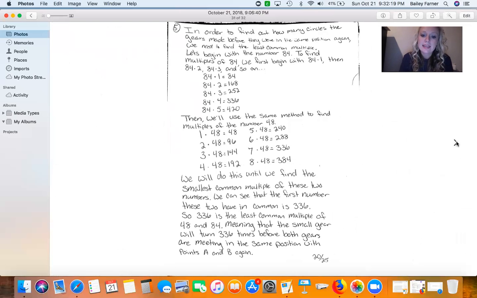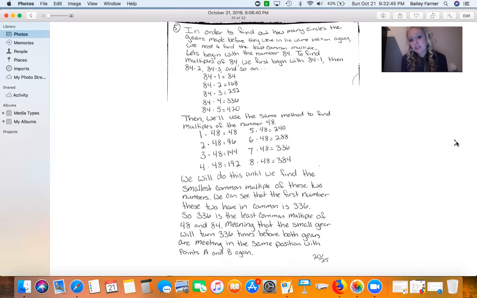And so to find this, I may have done it the hard way, but I just started finding multiples of each of these numbers. So I started with 84, and I did 84 times 1, 84 times 2, 84 times 3, and so on, and found 5 numbers, and then I moved on to the number 48. And I looked at these numbers that I first found, and I found the first number that they both had in common, which was 336.